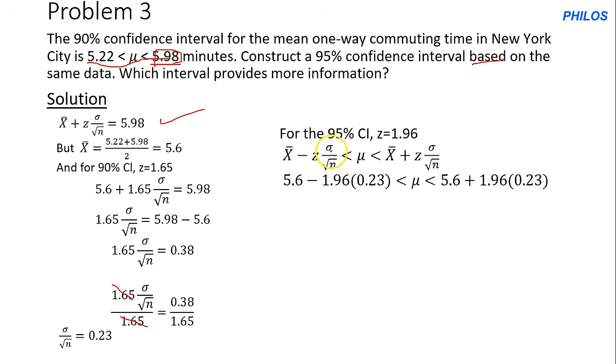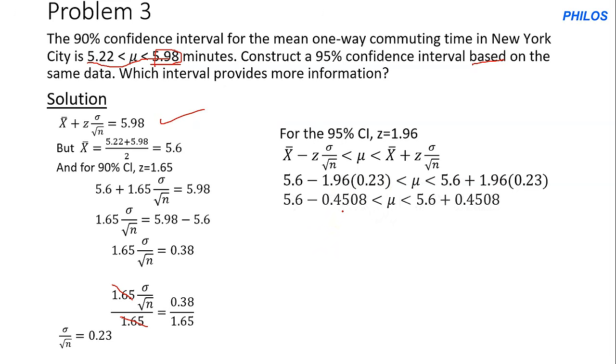And then standard deviation over root n, from the previous solution we got 0.23, so we substitute it there. At this side we do the same thing, but this one will be a plus and this will be a minus. So when you check 1.96 times 0.23, you get 0.4508.